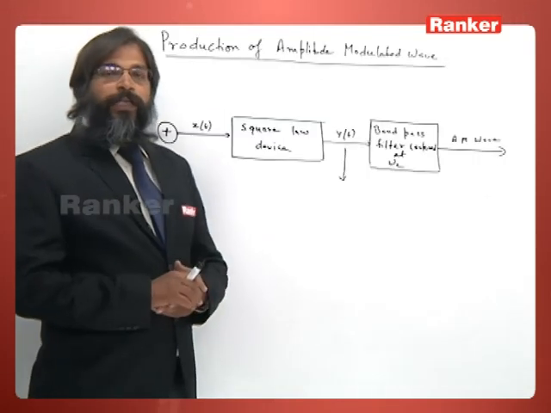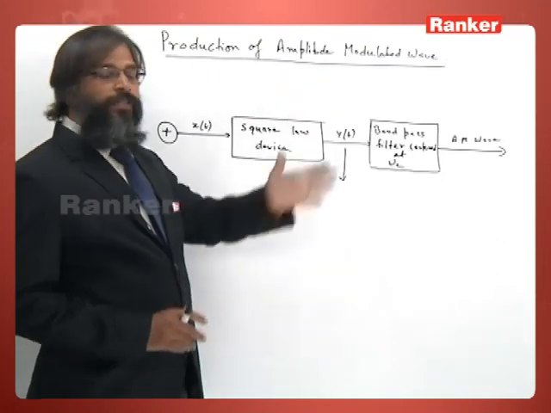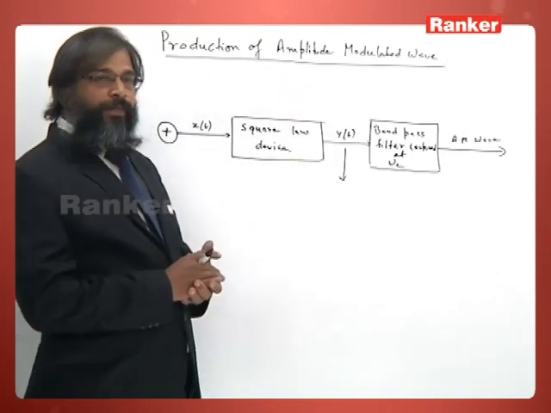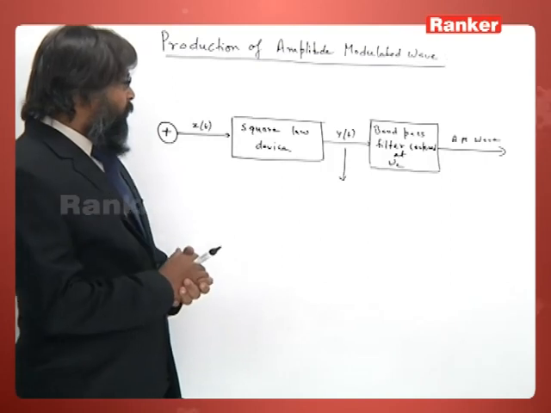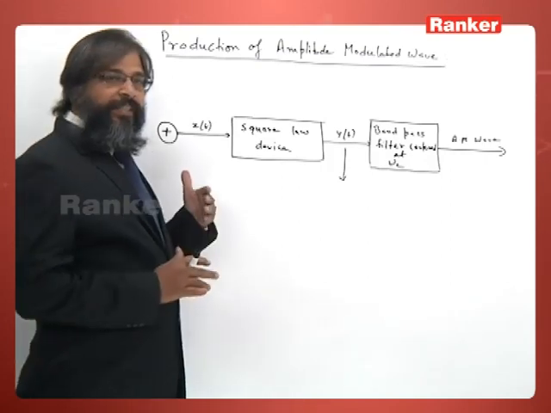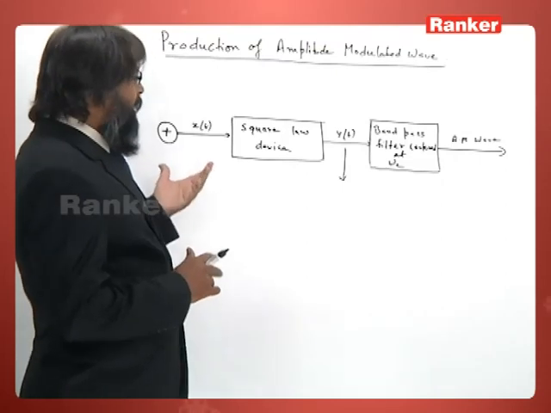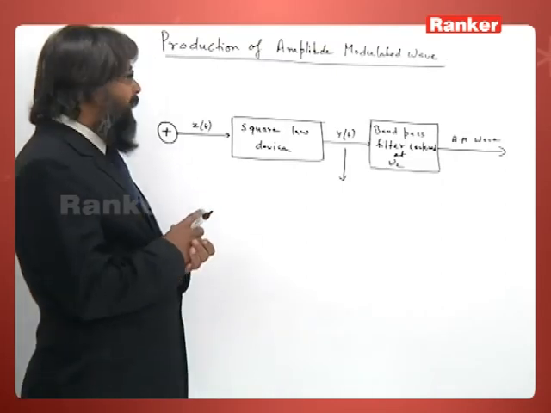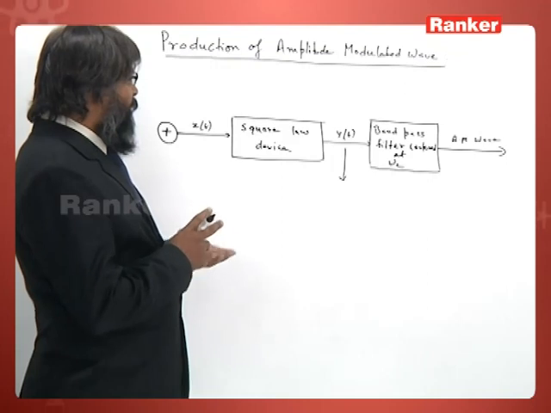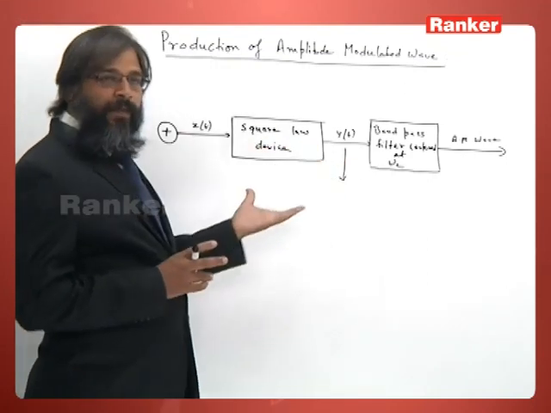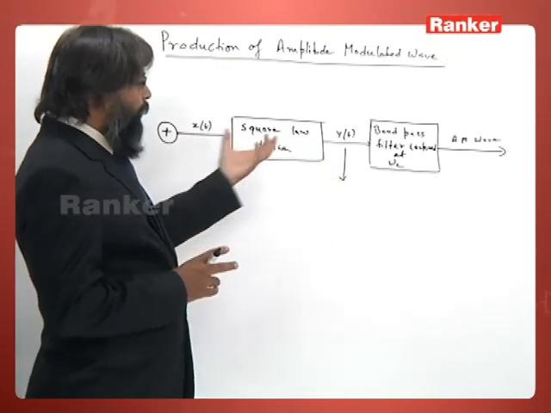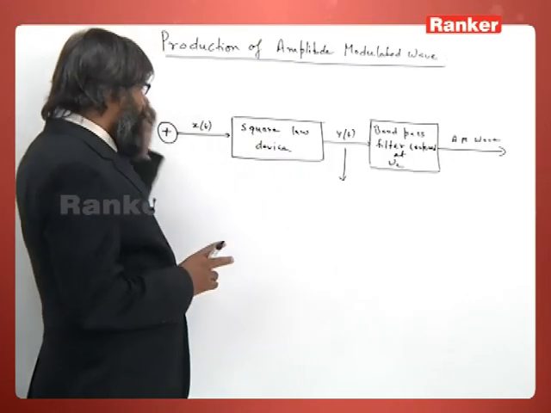Now let us see how to produce an amplitude modulated wave. Here we will just see the schematic, not the whole circuit diagram. There are many ways to produce an amplitude modulated wave, but this is one of the schematic diagrams to produce it.